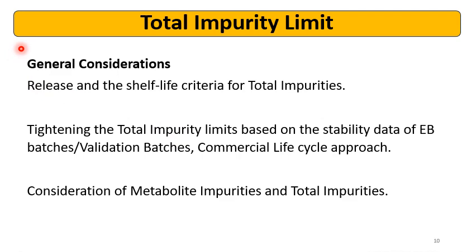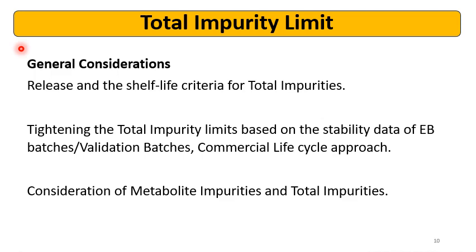So what will be the release and shelf life criteria for total impurities? If you make a specification for total impurities including or excluding the significant metabolite, and you make a similar specification for release and for shelf life, the shelf life testing may give you total impurities very less than the acceptance criteria set, or a little bit higher than the acceptance criteria set, as summation or total of all specified impurities and the unknown impurities.